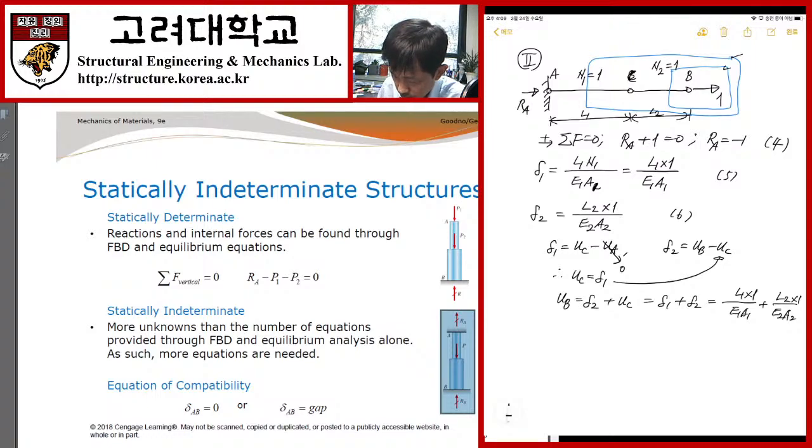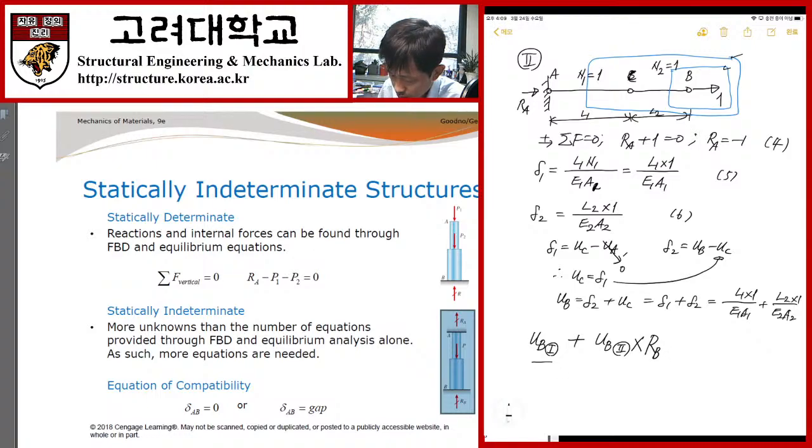So now I want to superpose. So displacement UB calculated in system 1 plus displacement UB calculated in system 2, and then I want to multiply that displacement by the unknown reaction in the original system.